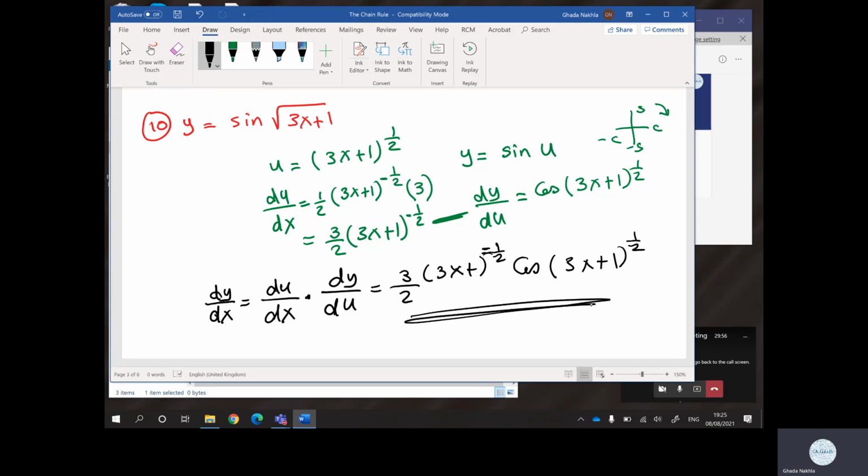You can choose to put the square root back or not, it's entirely up to you.